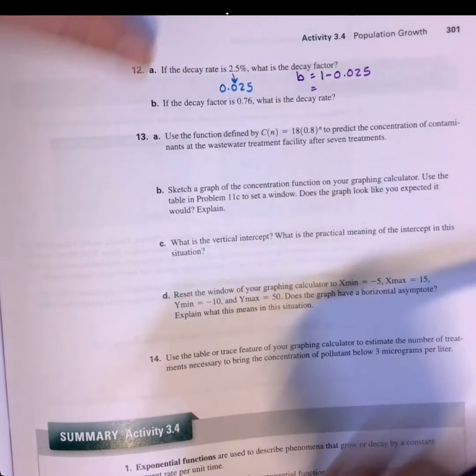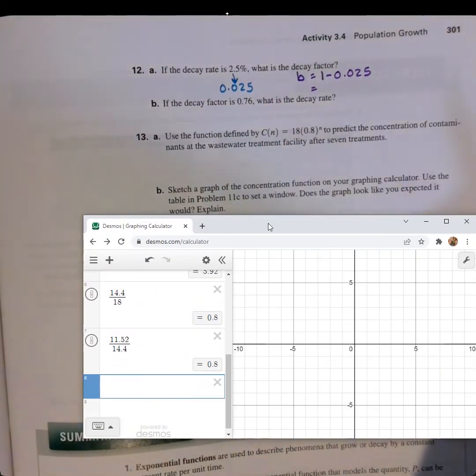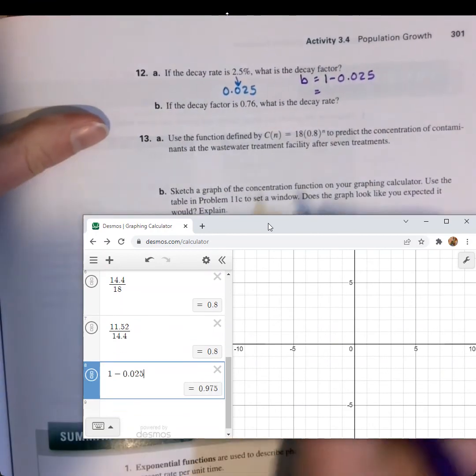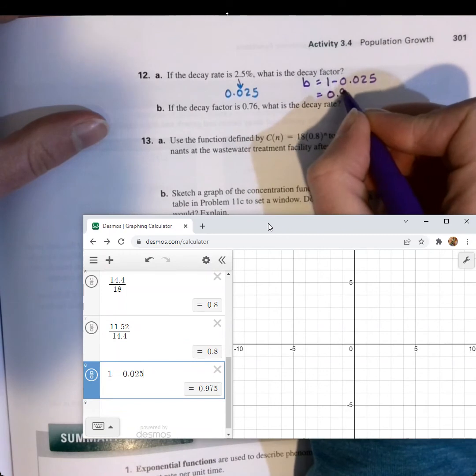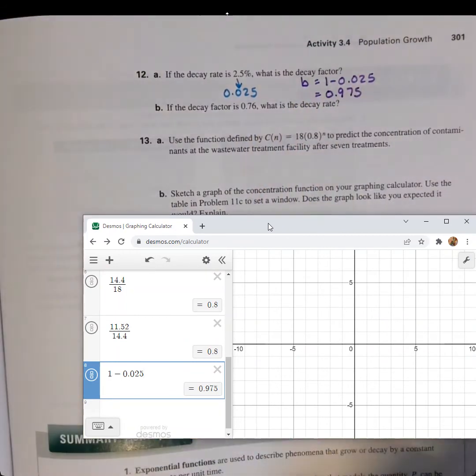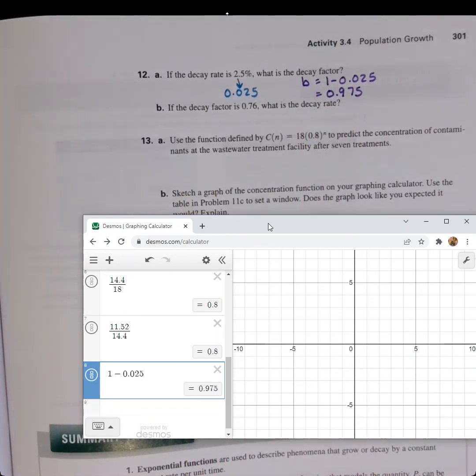It'll give us 0.975. Decay factors should be less than 1. If it's going to decay, your factor needs to be below 1, as this is, 0.975. It's below 1 by exactly 2.5%.